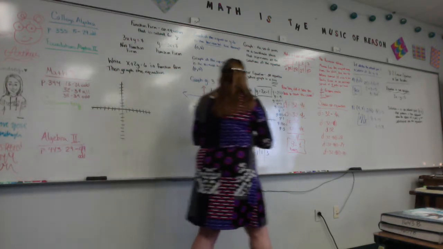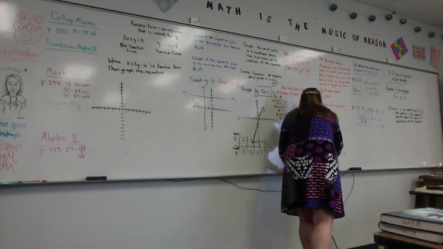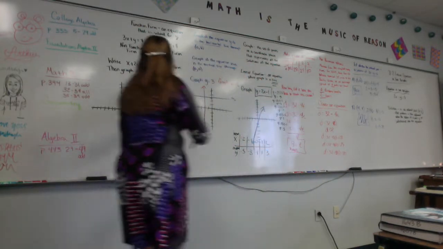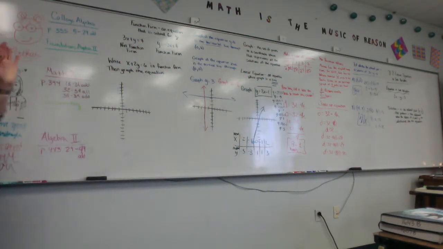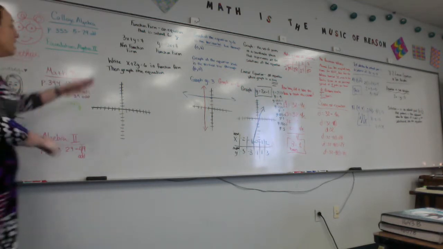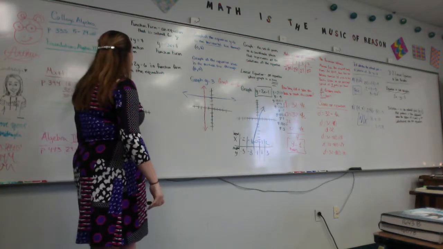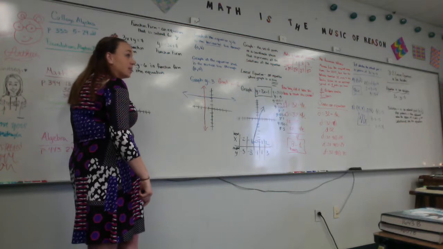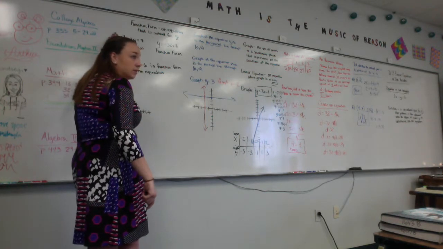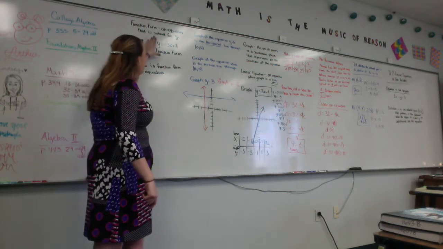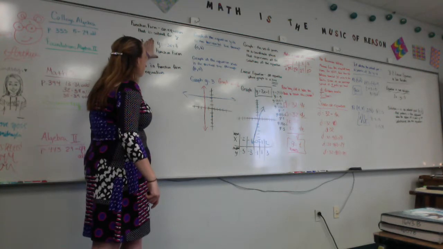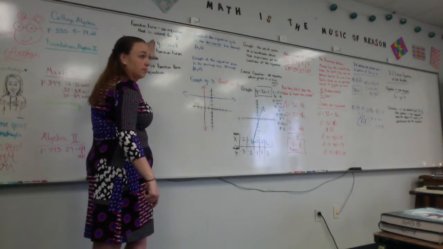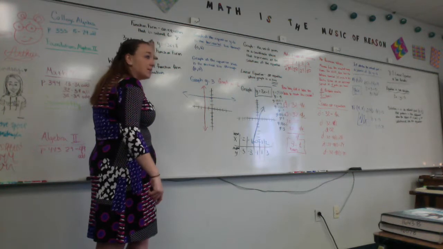Okay? Now let's talk about this last one. Function form, which I just mentioned already to you. Function form is when an equation is solved for y. So if it's 3x plus y equals 7 and it asks, is this function form? You would say no, because it doesn't say y equals. Here it says y equals negative 3x plus 7. That is function form.